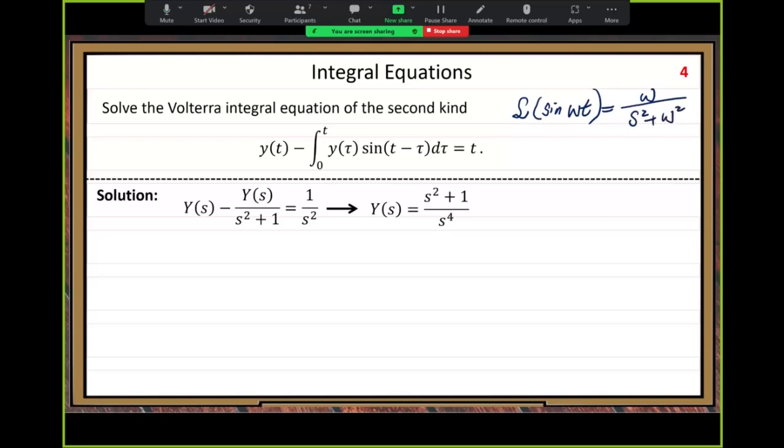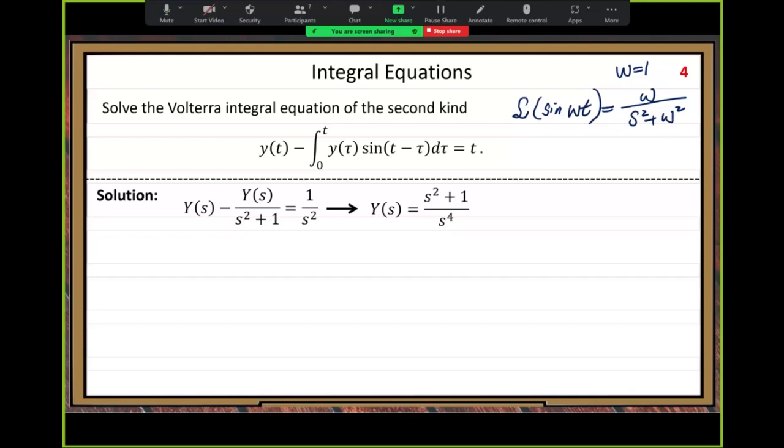Here omega equals 1, so the Laplace transform of sine t is 1 over s squared plus 1.